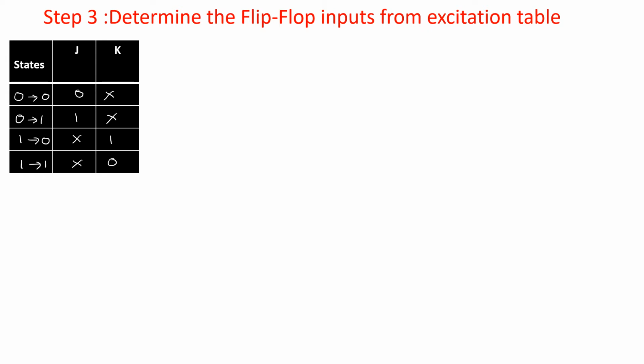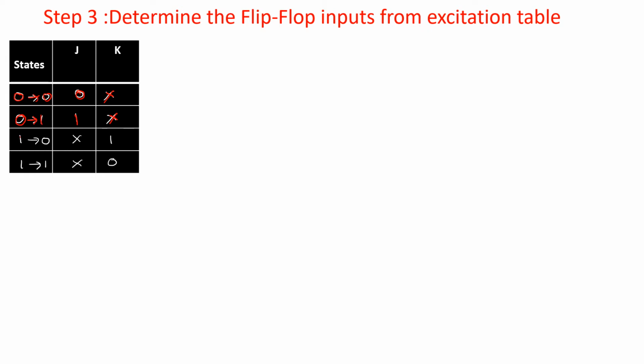What this table is showing is that in the first column, these are the states, that is from 0 to 0. That means present state is 0 and it is becoming next state as 0. If you want this transition, then J has to be 0 and K is don't care. If our present state is 0 and you want it to be 1, then J has to be 1, K can be anything, that is don't care.